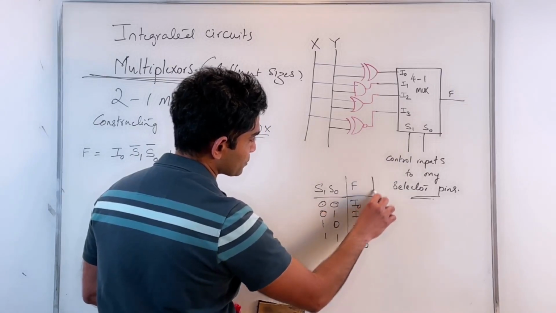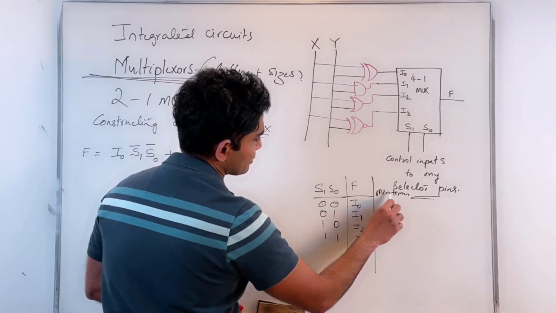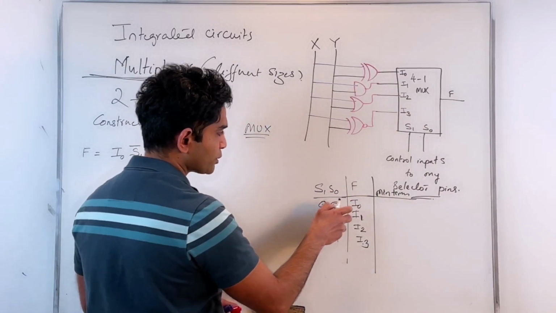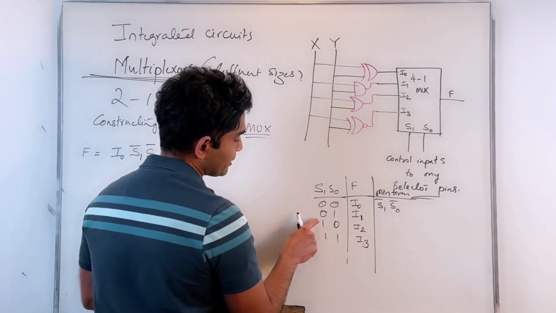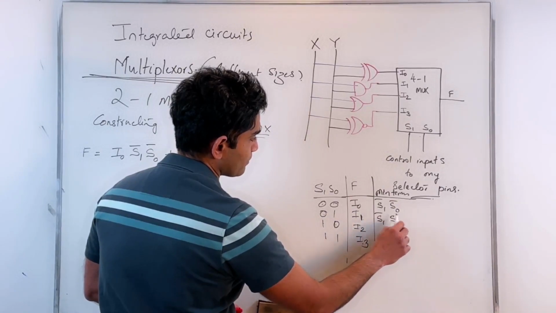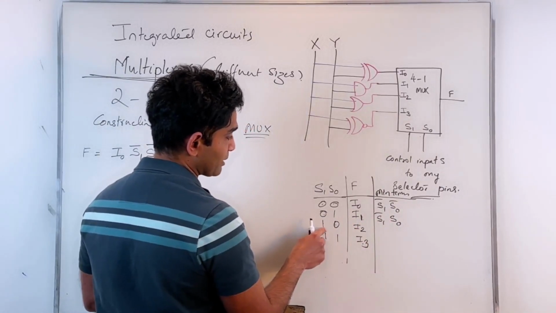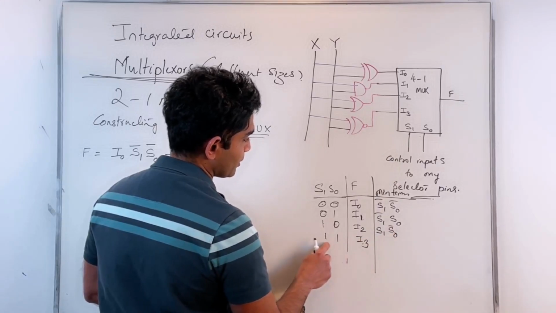Minterm corresponding to S1 S0 = 0 0 is basically S1 prime S0 prime. Minterm corresponding to 0 1 is S1 prime S0. Minterm corresponding to 1 0 is S1 S0 prime. 1 1 is S1 S0.